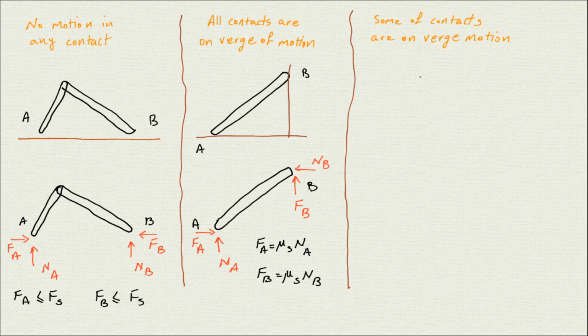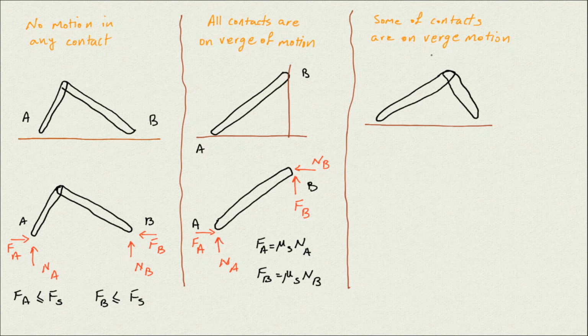Now let's look at the first case again, but this time assume that we have something like that, and then something like that, and assume this time the ground is here, and there are some forces applied on that.